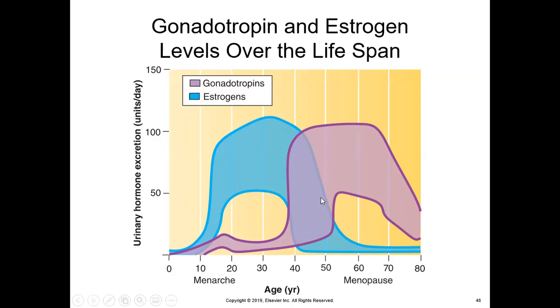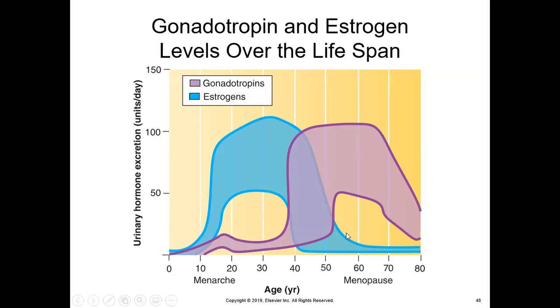And this is where you get the premenopausal, menopausal, and postmenopausal. This is when the estrogen levels are starting to go down. Then the gonadotropins are increasing, trying to get more estrogen produced. So the hormones from the anterior pituitary are increasing, but the estrogen levels are decreasing.